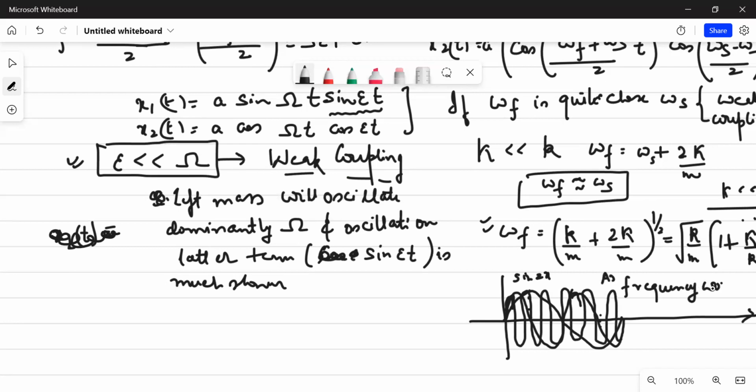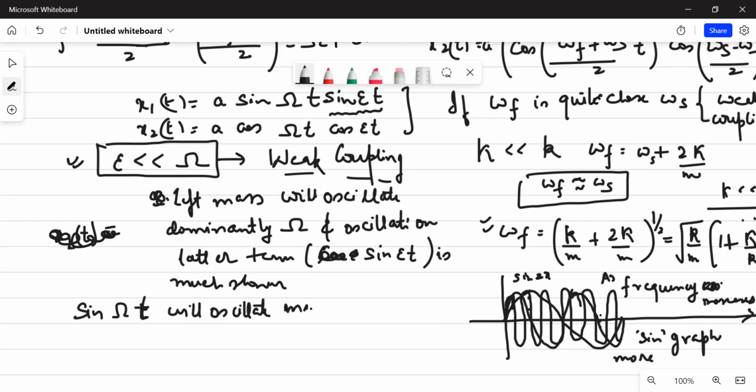As frequency increases, the sine graph will wiggle more, oscillating to and fro. Do you understand what I'm saying? So sine omega t, compared to this, will oscillate much faster than sine epsilon t. Is that clear?